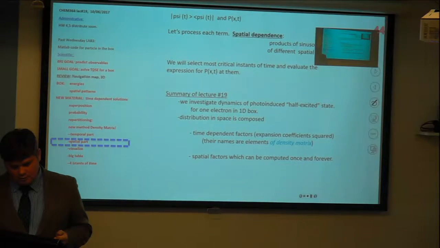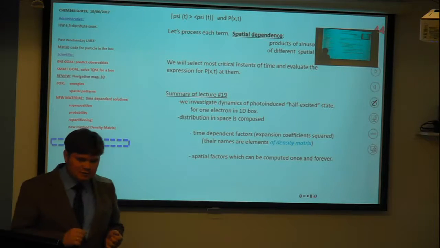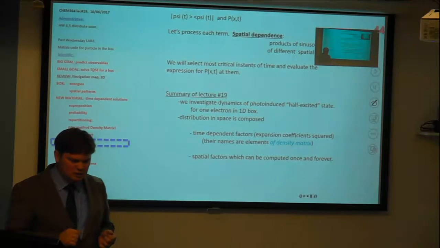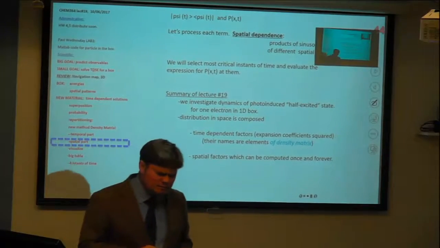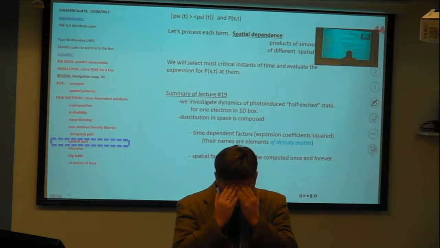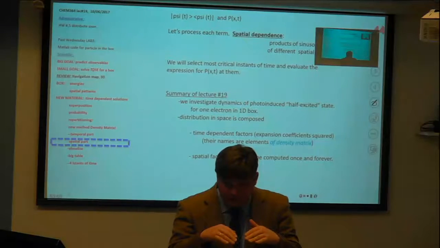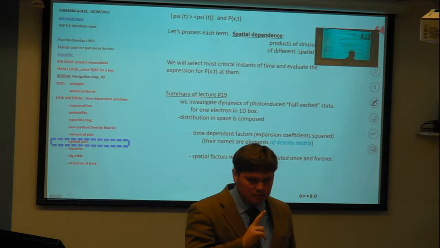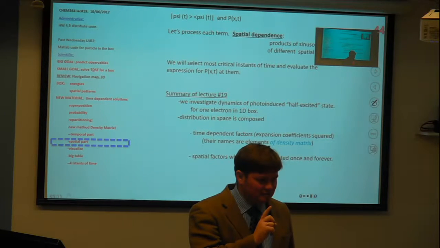So what have we done? Where are we? We discussed the standard type of visualization of eigenstates in textbooks, having an ambiguous axis, which is at the same time energy and probability.